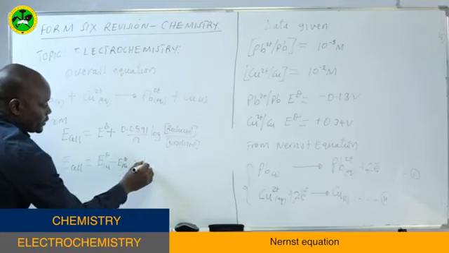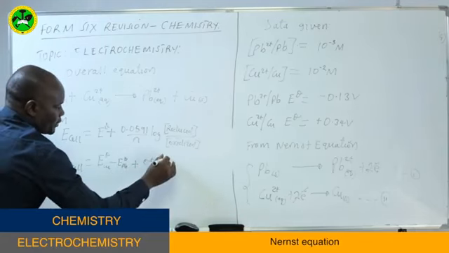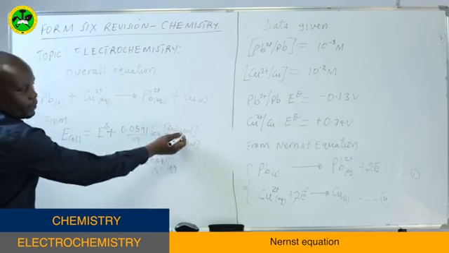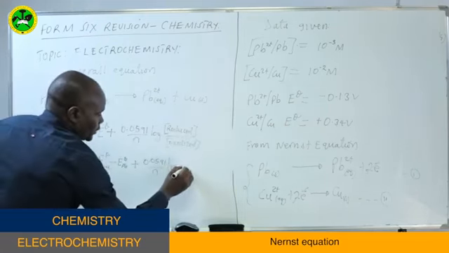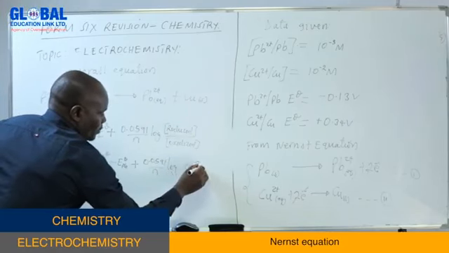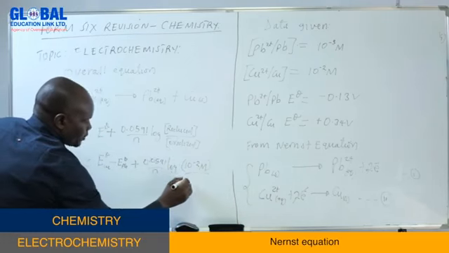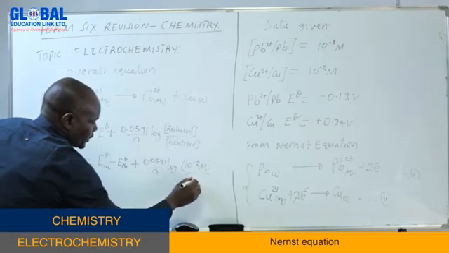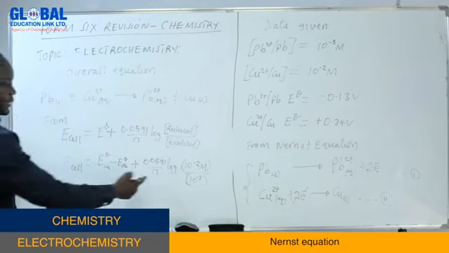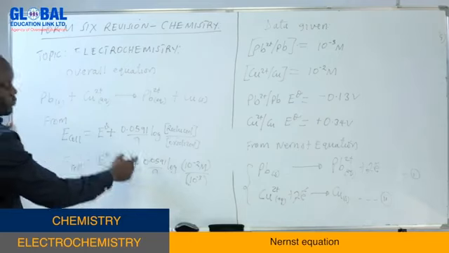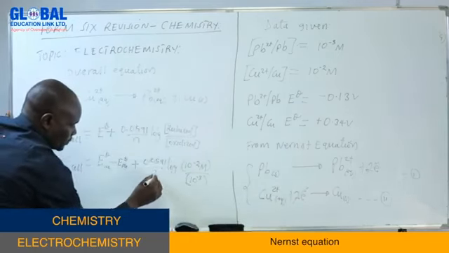Then there will be plus 0.0591 over n times log of the reduced species, copper, so the concentration of copper, which is 10 to the negative 2 moles, divided by the oxidized species, the concentration of lead, which is 10 to the negative 3. So that is our equation now. But n here is 2. n is 2 from the balanced equation. So here you put 2.